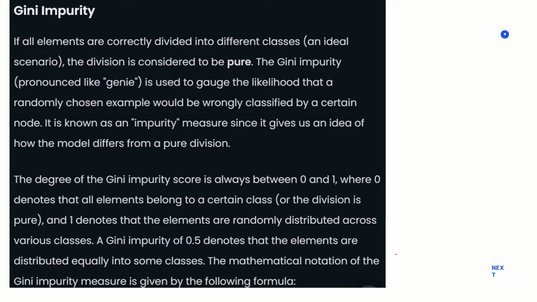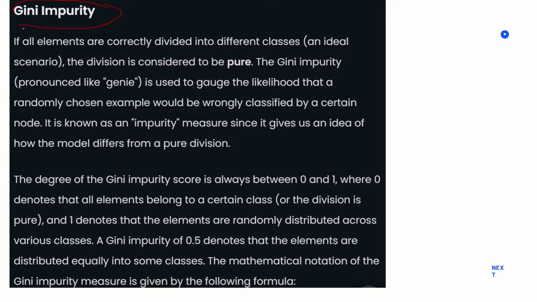Now, moving forward in the decision tree, there are certain parameters and attributes that need to be understood in order to proceed with the decision tree algorithm. The first one is Gini impurity. So what is Gini impurity? If all elements are correctly divided into different classes, the division is considered to be pure.